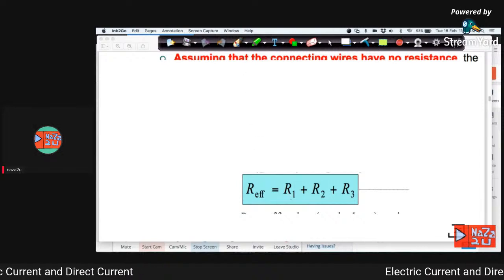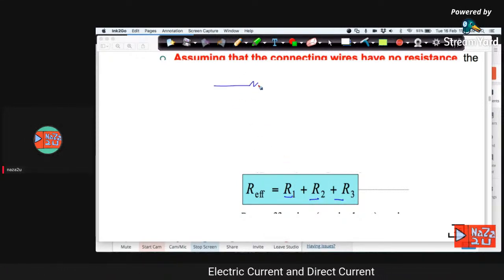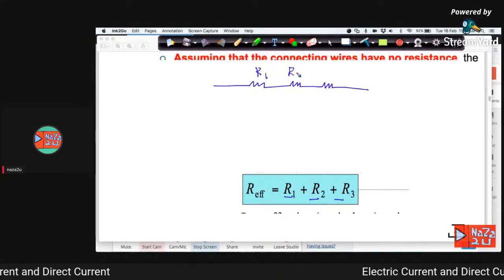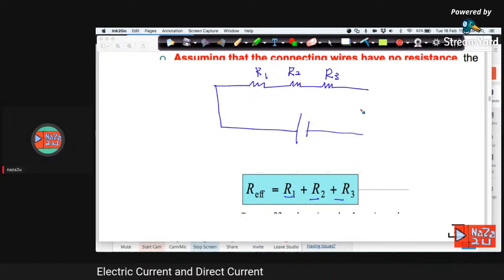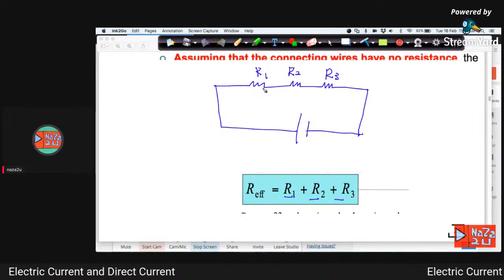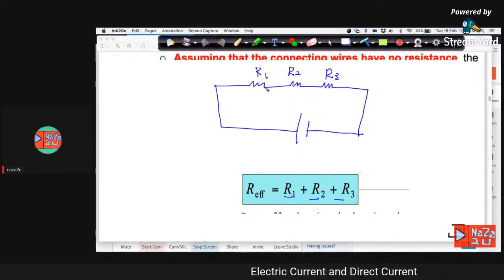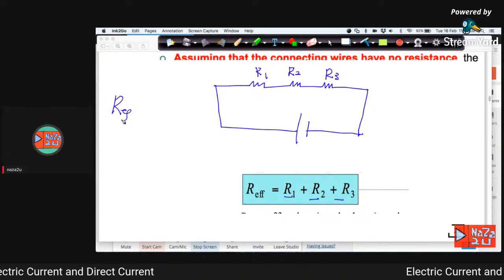So meaning here, we have 3 resistors in the same circuit. This is resistor 1, this is resistor 2, and this is resistor 3, connected to the power supply or battery. So meaning here, to calculate the effective total resistance, we have 3 resistors. The question is what is effective?